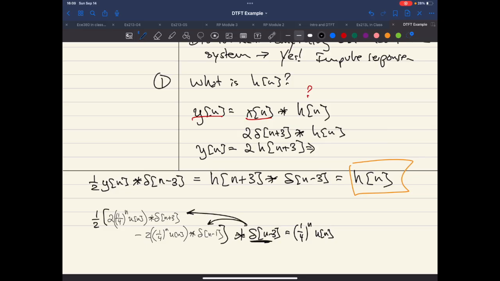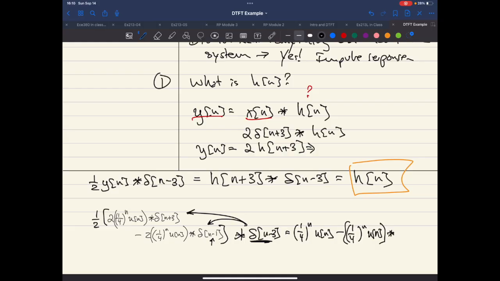Note that when you are multiplying, generally speaking, you wouldn't really distribute a convolution. But we have terms here, right? There's a minus sign in here. So there's 2 separate terms that need to be adjusted by the delay here. The 2 and 1/2 obviously cancel out. We're left with (1/4)^n u[n]. And then this is convolved now with, we're going 3 steps forward.